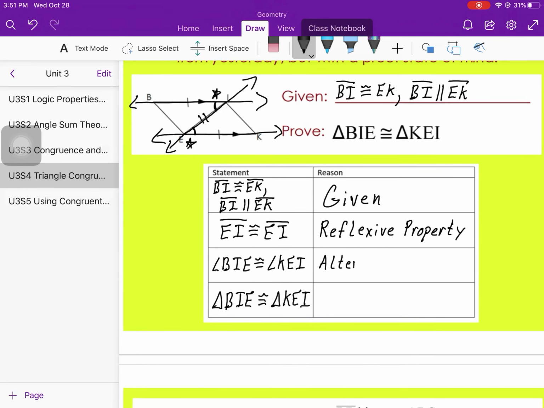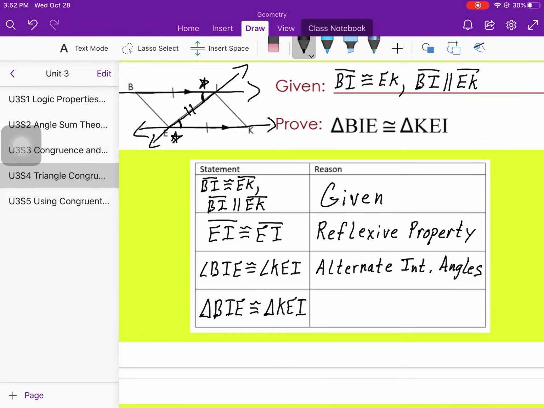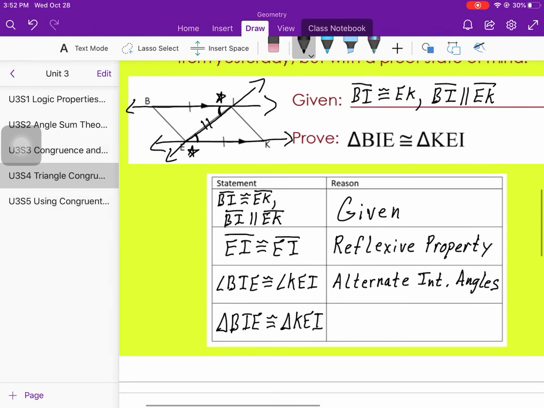But how do we prove those again? That is the alternate interior angles. We need to make sure, how did we prove that they were congruent? And it's technically a theorem, but if you just write alternate interior angles, you get the idea for this one.